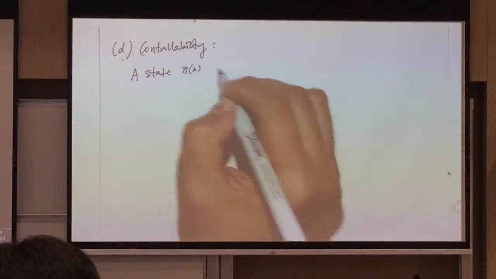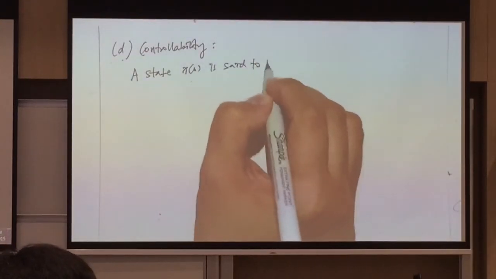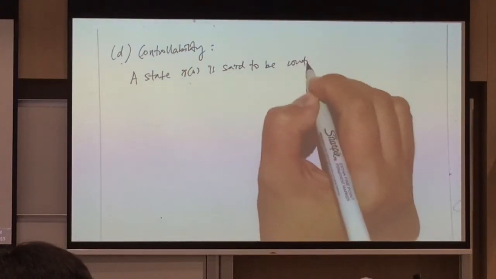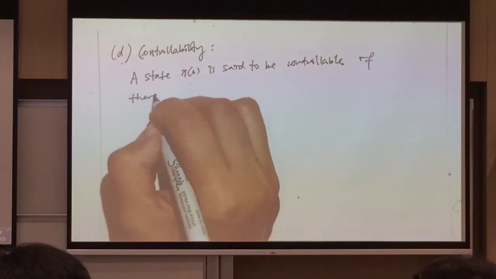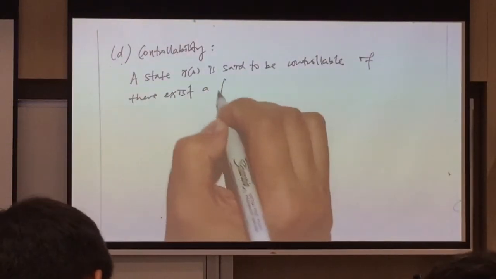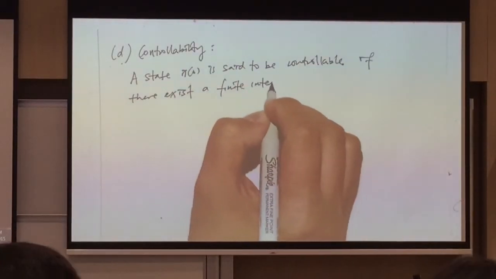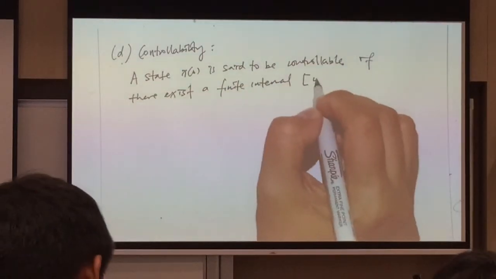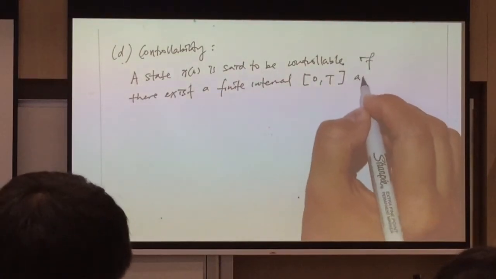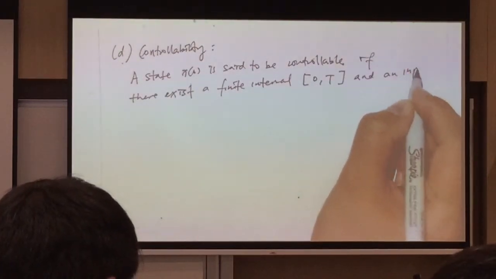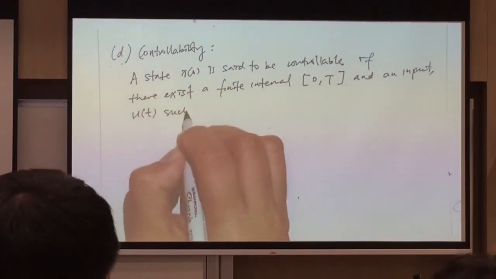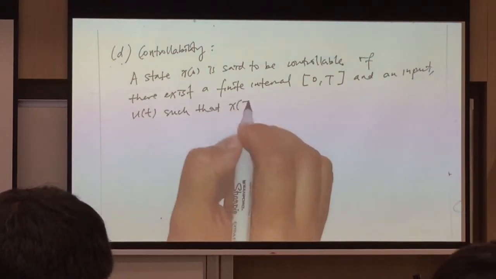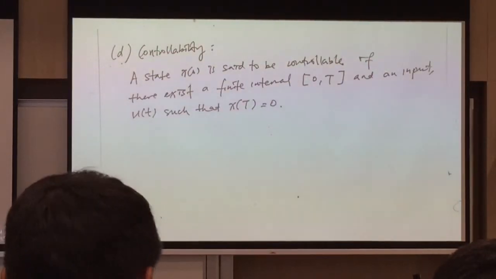Definition: just tell me that the state X0 is said to be controllable if there exists a finite interval [0, t] and an input u(t) such that x(t) equals 0.